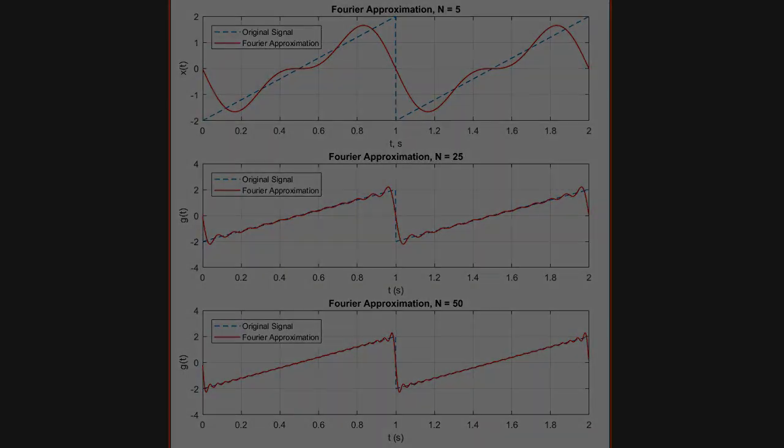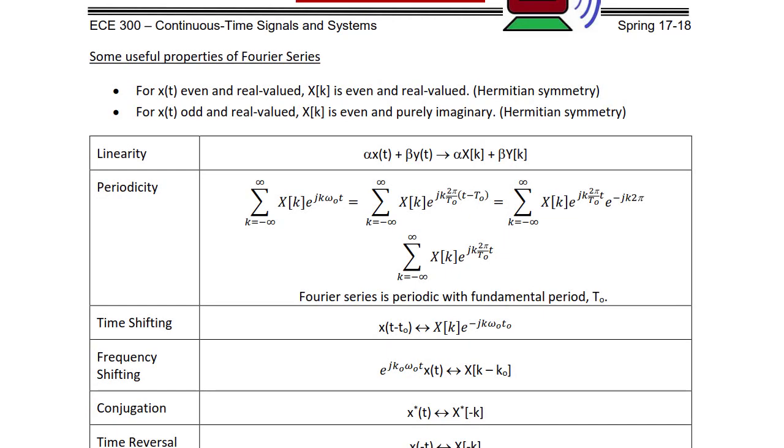Finally, some useful properties of Fourier series are that for x of t even and real valued, X of k is also even and real valued, or displays Hermitian symmetry. For x of t odd and real valued, X of k is even and purely imaginary, and also still demonstrates Hermitian symmetry.